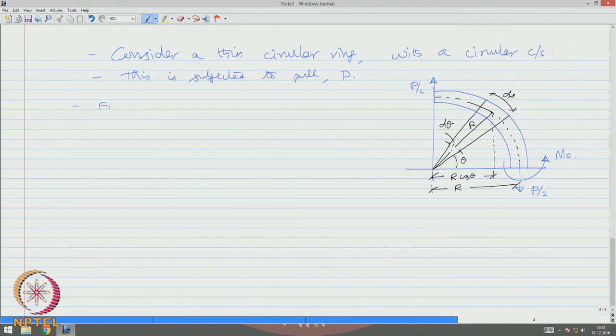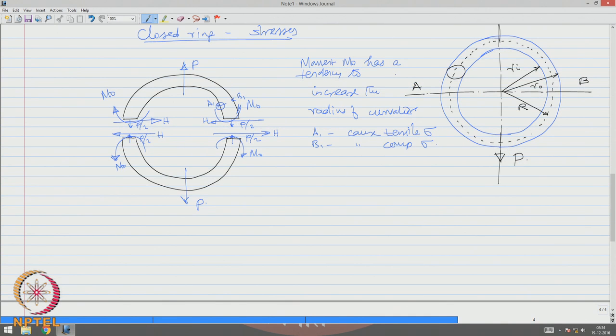The figure shows the free body diagram of the ring segment under the pull P at section AB. AB refers to this one, at section AB.